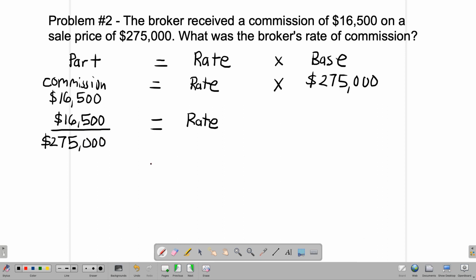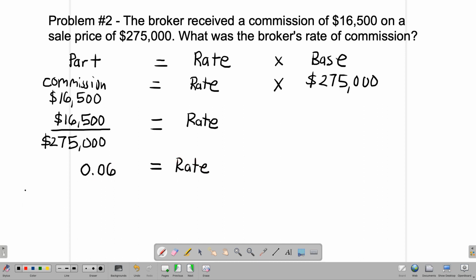And it should produce what the rate is. So let's see what we have. 16,500 divided by 275,000 shows a value of 0.06 equals the rate.